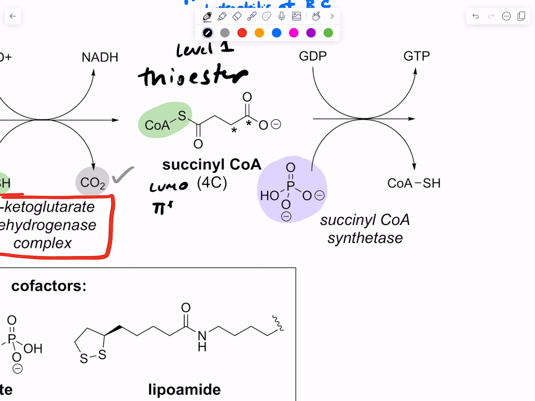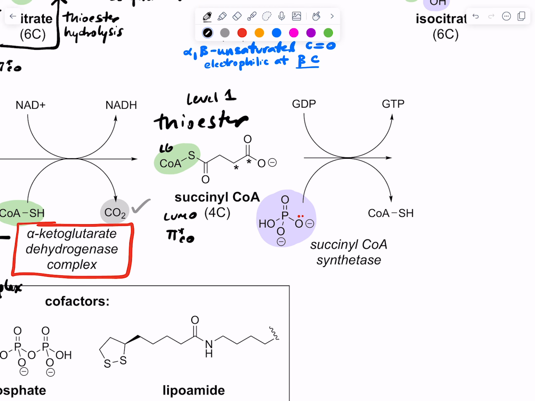Pi star, right? Carbon, oxygen, pi star. So you're going to see in the first step of this reaction that lone pairs on the phosphate attack the carbonyl carbon. You break the pi bond to get an intermediate, which kicks down, and then the thiol leaving group leaves. You make an intermediate acyl phosphate, and then from that acyl phosphate you make GTP.